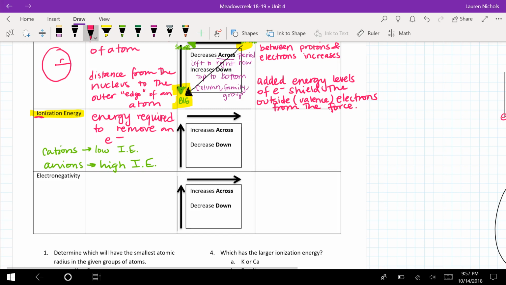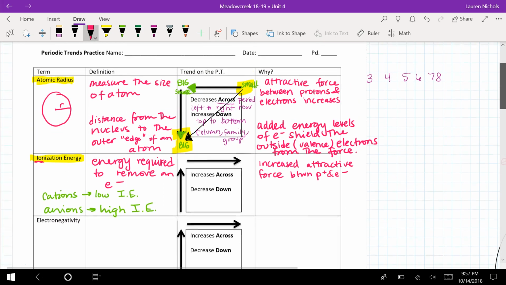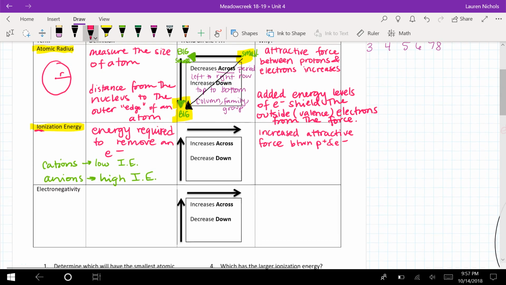And so you can think about it if electrons are being held tighter, so that increased attractive force between the protons and the electrons is going to happen here too. And if you think about it, as those electrons are moving closer and closer, because of that attractive force, if you have more force attaching something, then it's going to require more energy.